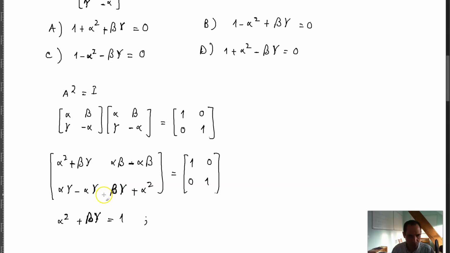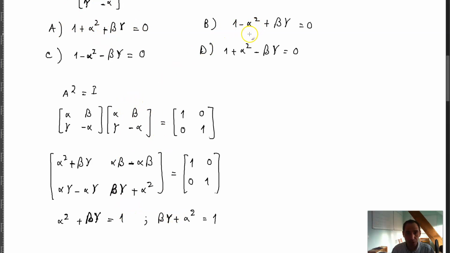And also beta gamma plus alpha squared is equal to 1. Which means that 1 plus alpha squared cannot be right, because if you take alpha squared to the other side, this becomes negative alpha squared.